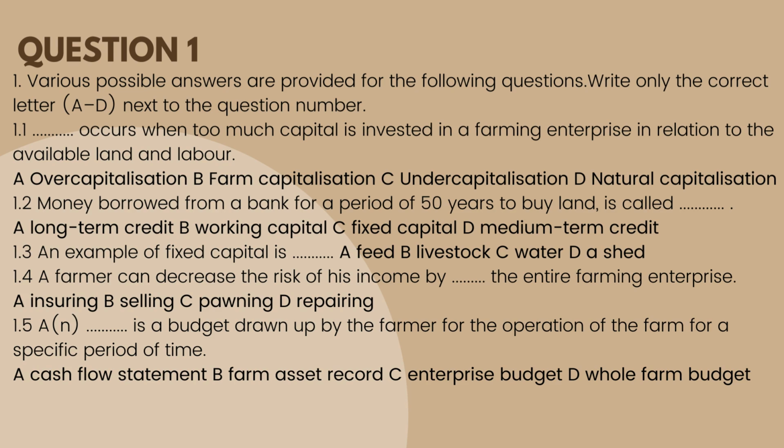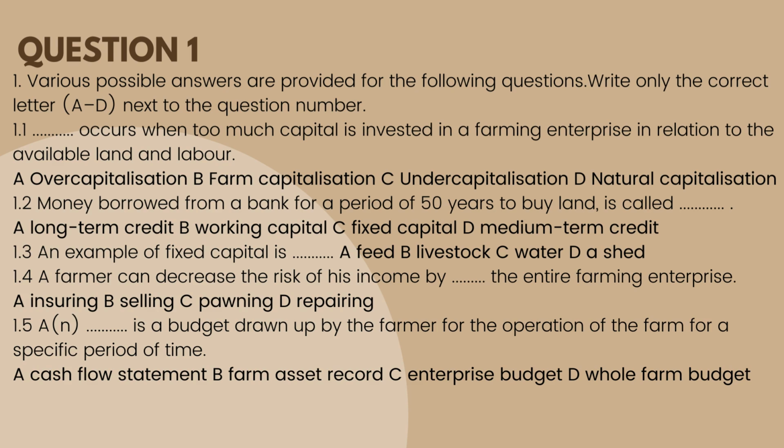1.5. A dash dash is a budget drawn up by the farmer for the operation of the farm for a specific period of time. So we talked about enterprise budget, we talked about whole farm budget, we talked about a cash flow, farm asset records. Okay, fine.